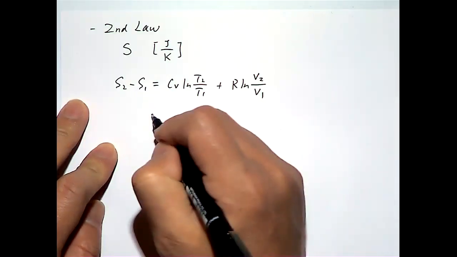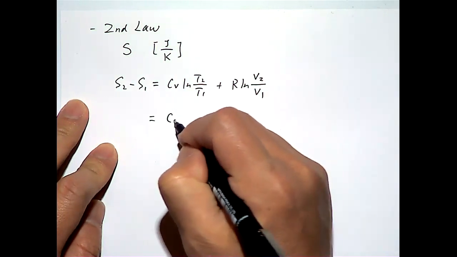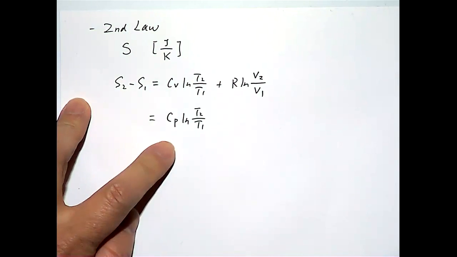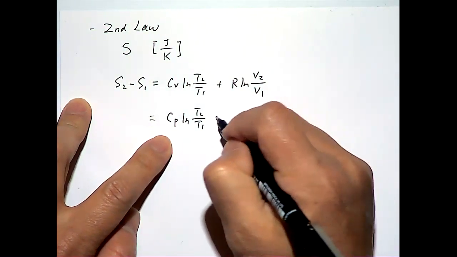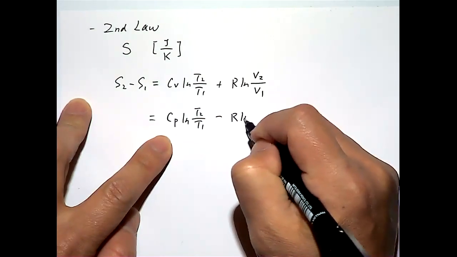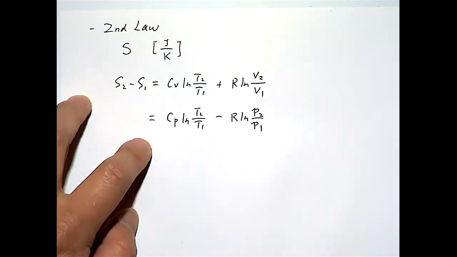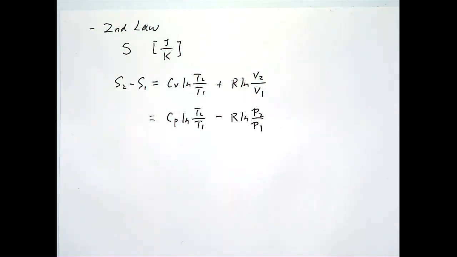That's one form. Or if we write it in terms of the pressure, we have Cp log T2 over T1 minus R log P2 over P1.